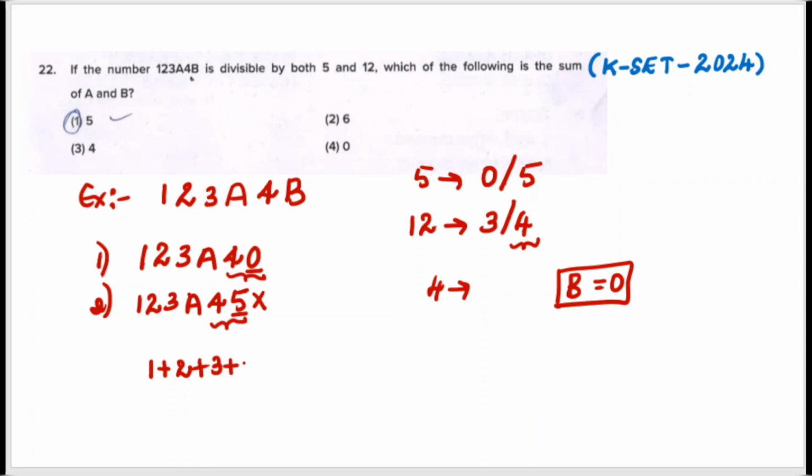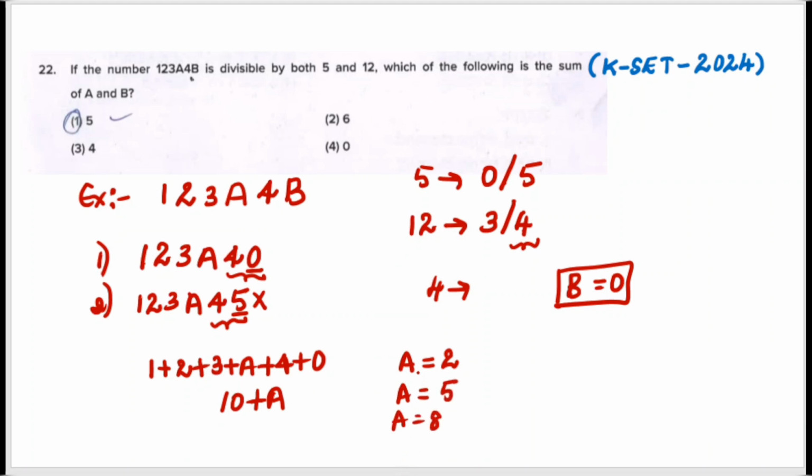So 1 plus 2 plus 3 plus A plus 4 plus 0. What I'll get? 1 plus 2 plus 3 is 6. 6 plus 4 is 10. 10 plus A. Now instead of A, what can I place? What are the possibilities? Instead of A, I can take 2, and instead of A, I can also take 5. Instead of A, I can also take 8.